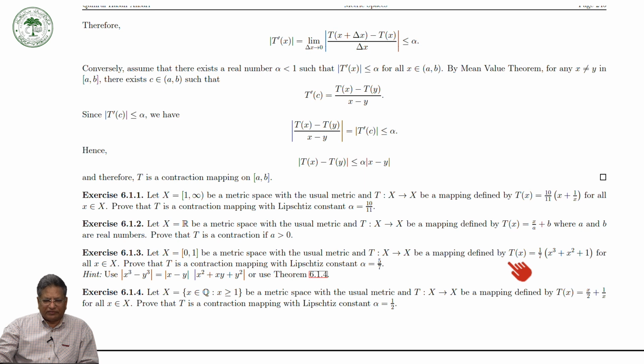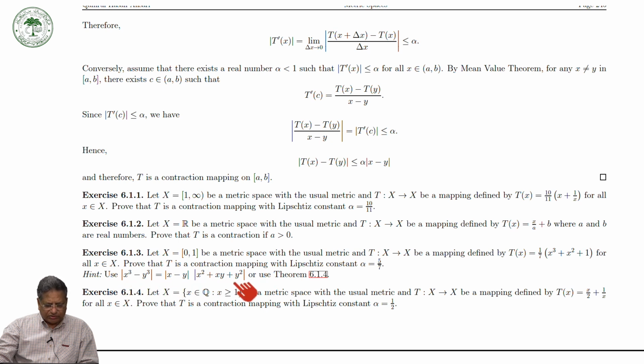You can use the definition of the contraction, that is to say mod of T of x minus T of y. Then you can use mod of x cube minus y cube equal to mod of x minus y times x square plus xy plus y square.